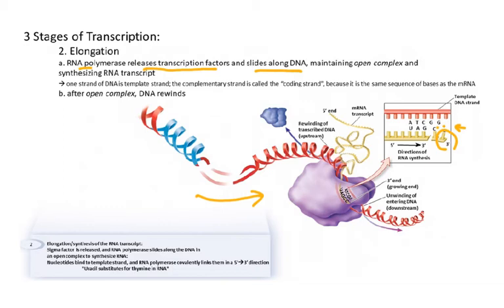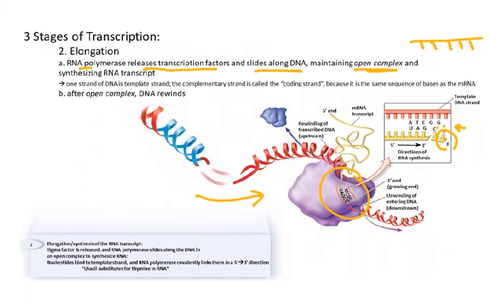As it slides along, it creates this open complex. So it pulls the two strands of DNA apart, revealing those nitrogenous bases. The idea would be that as it moves along, there's this region of about 10 to 12 nucleotides that are exposed.